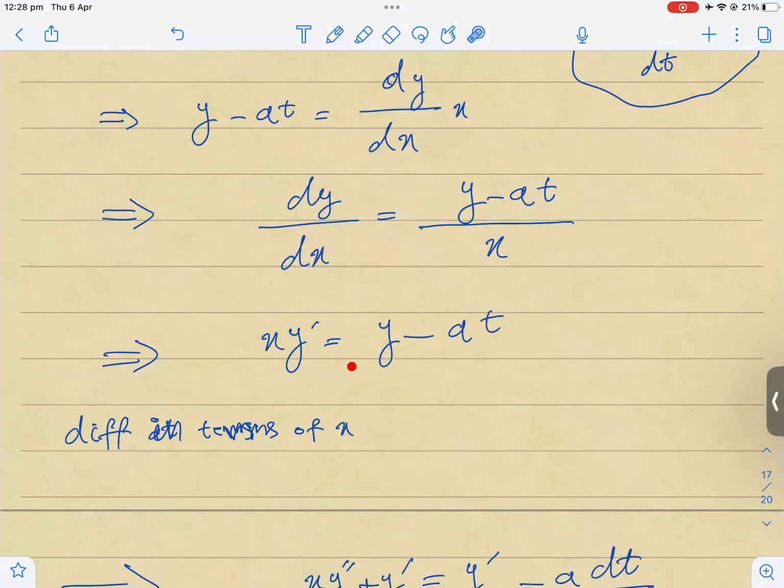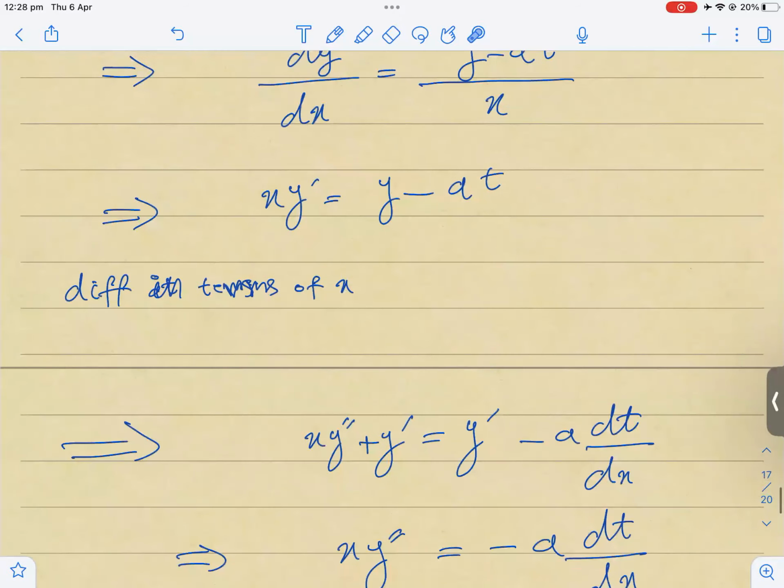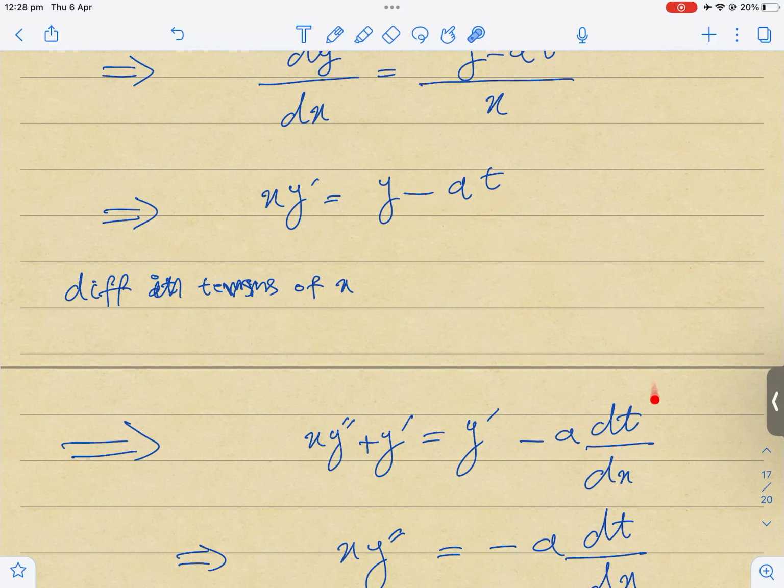From here, I can differentiate, but we have t, y, x, three variables, unfortunately. The trick is this: this is first order, so we take the derivative in terms of x on both sides. This will be x y double prime plus y prime equals this. The derivative of this is y prime minus a, times dt over dx.